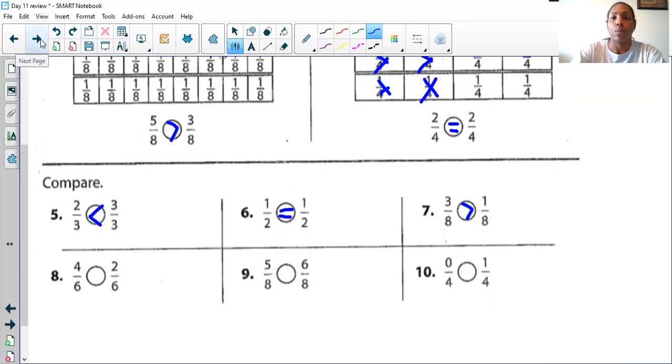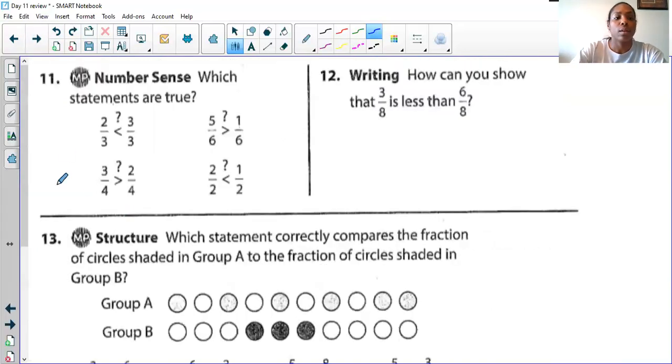All right, welcome back. Let's take a look at question number 11. Which statements are true? So when it says which statements are true, that means there's going to be more than one correct answer. So 2/3 is less than 3/3. Is that correct? That is.